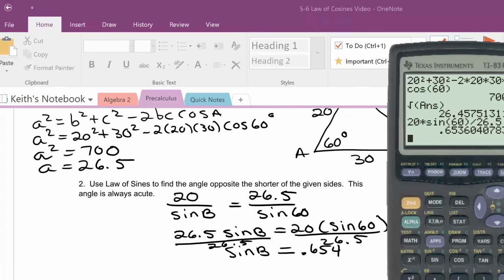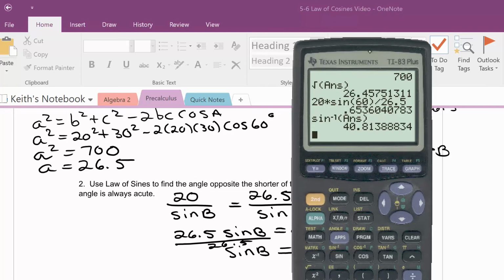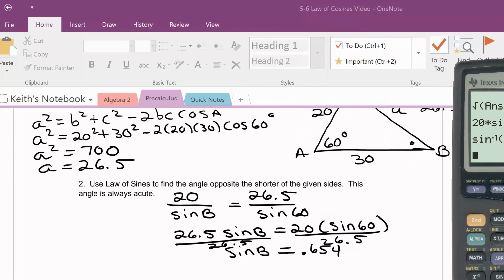And then remember, you're going to go second function sine inverse of that answer, and that gives you the angle is 41 degrees.